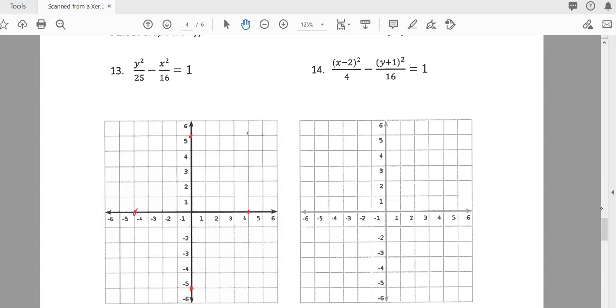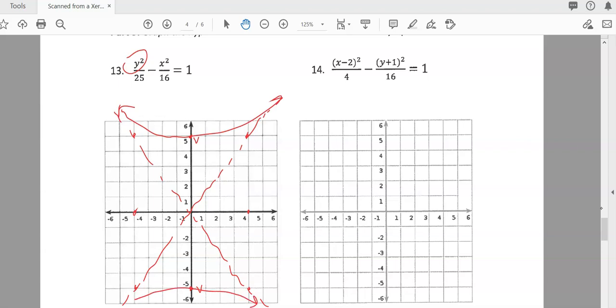But I'm going to make my dot box instead of drawing an ellipse. It's very tempting to draw an ellipse sometimes. Draw your dotted lines as the asymptotes. Hit the y terms first, therefore this is vertical, so this is the vertex, this is the vertex. The hyperbola is going to go through those points. Kind of look roughly like that.